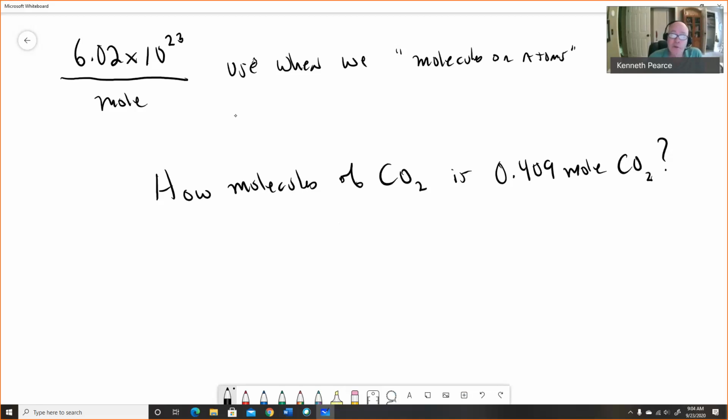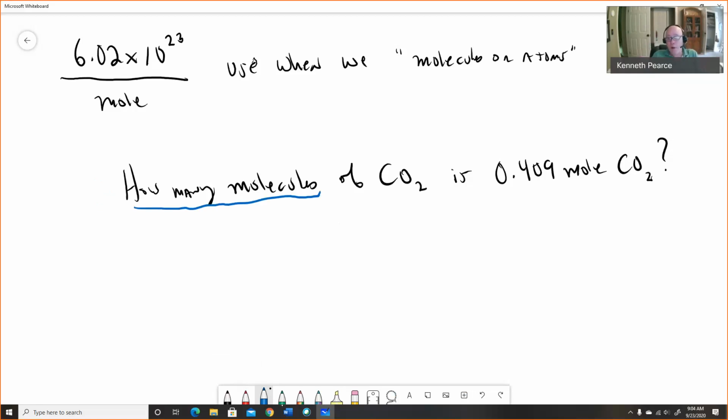And so what do we see here? I see the words, we'll say how many, just to keep my English right. Okay, and so I see how many molecules. And so that's our key phrase.